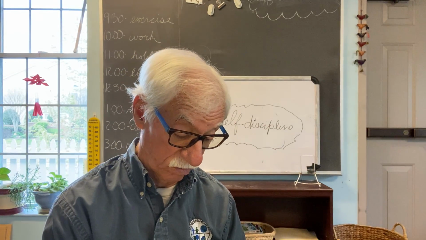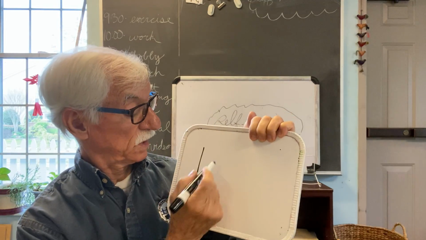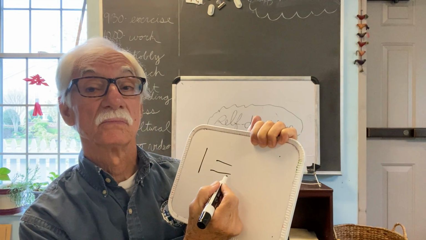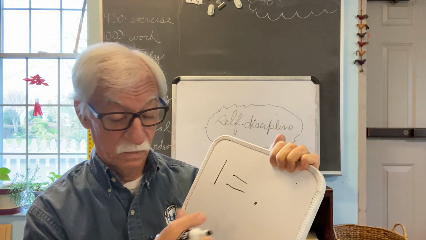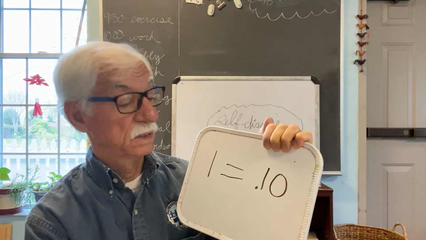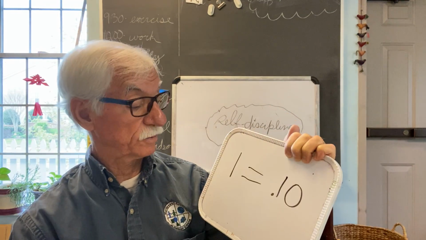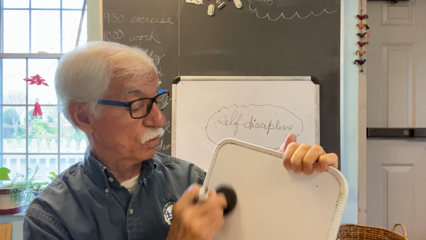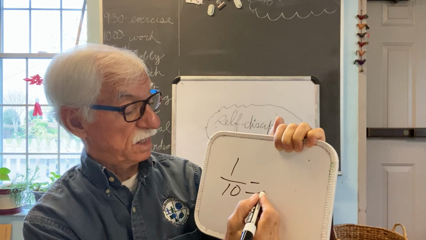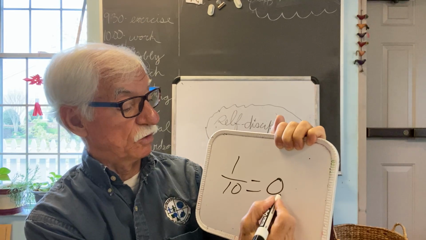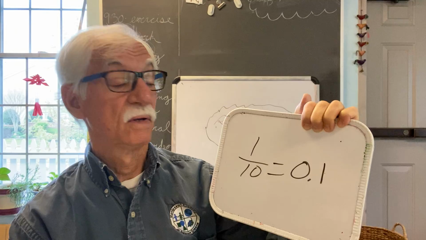And you may recall, 1 can equal 10/10. 1 equals 10/10. That's a whole. 1/10 can be written 0.1, 1/10.